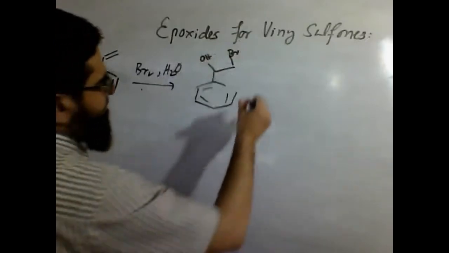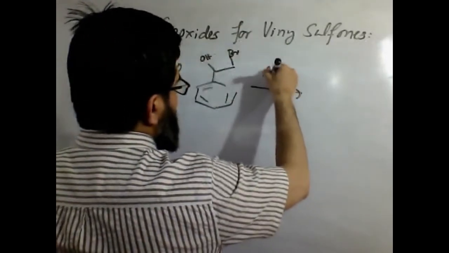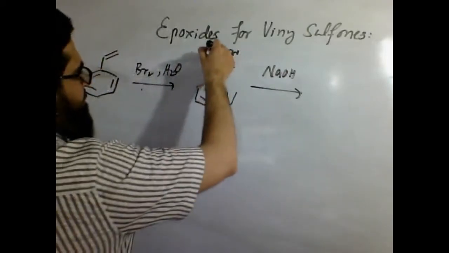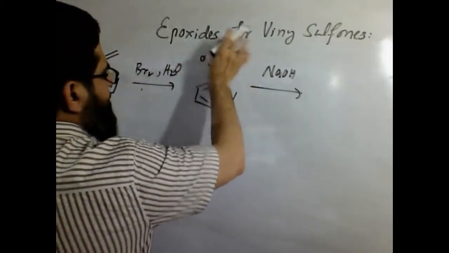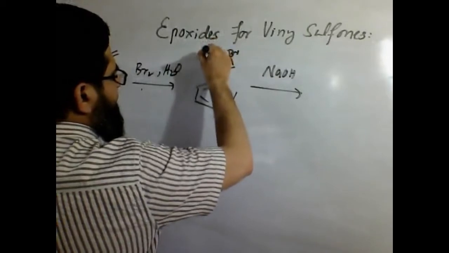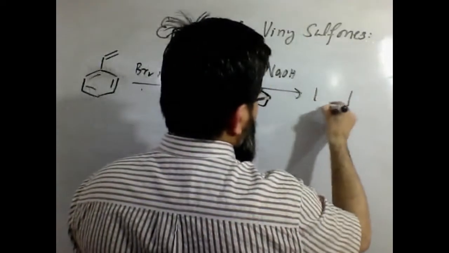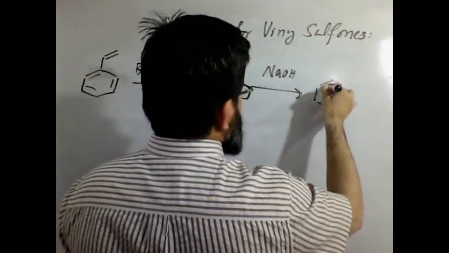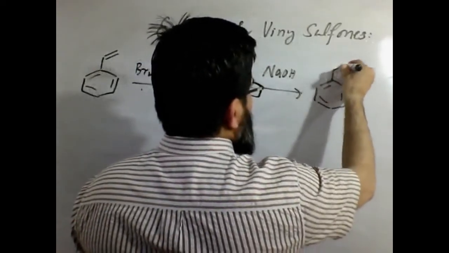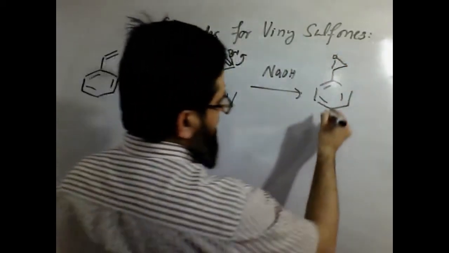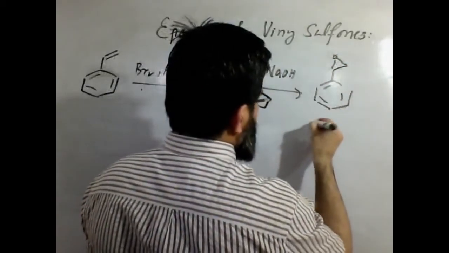Then comes the introduction of sodium hydroxide, leaving of the proton from the hydroxyl moiety, and then subsequent attack from here. So one can generate an epoxide with a benzene ring.